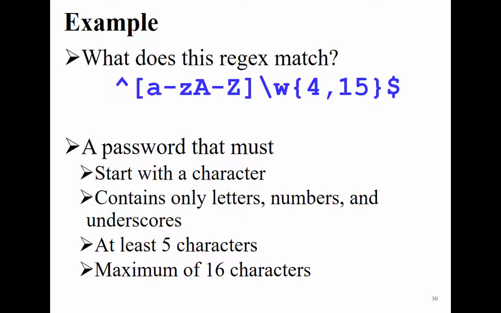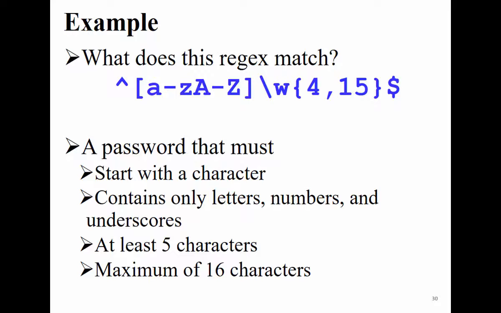Why 5? Why is it not 4? Because the first letter is one, exactly. So the 4 and 15 are only for this \w expression, but the first part is a single character. So 4 plus 1 is 5, so at least 5 characters, and maximum is 16. Any question?